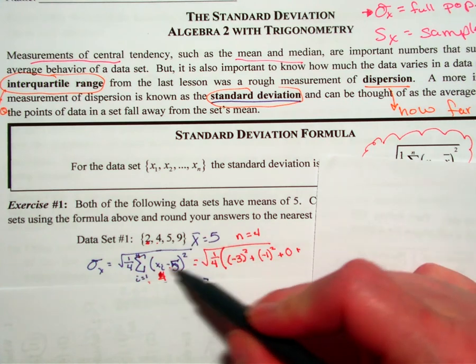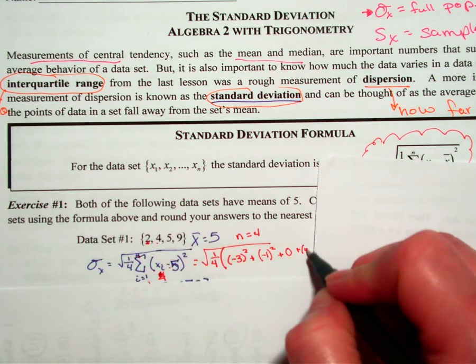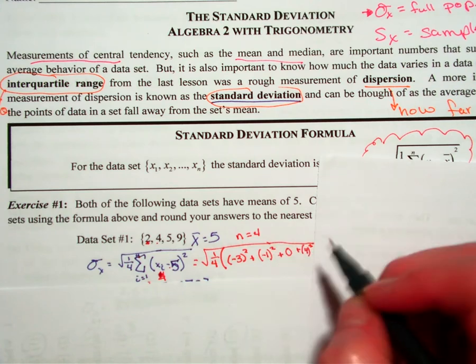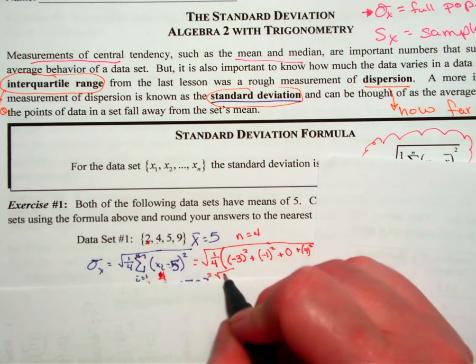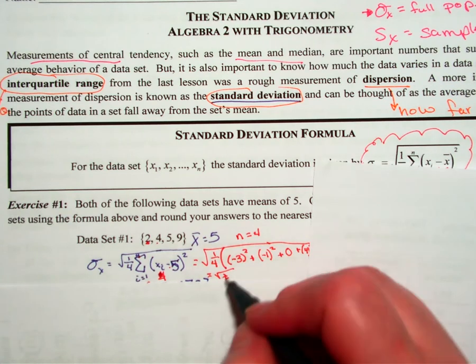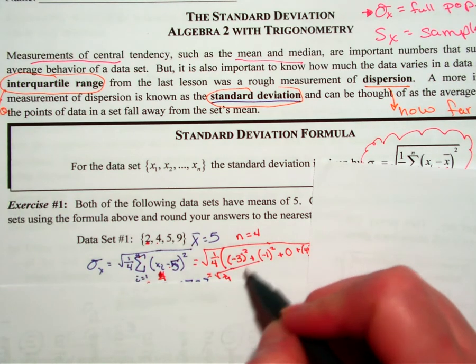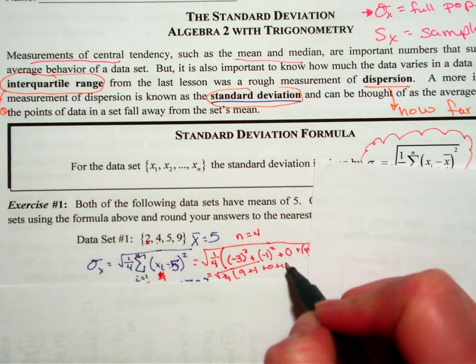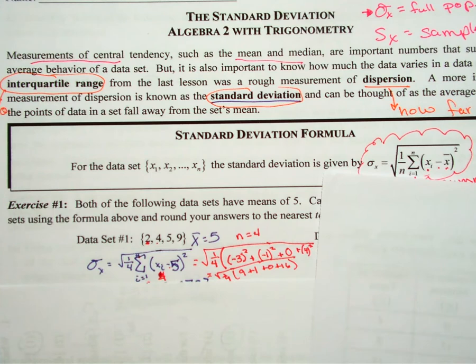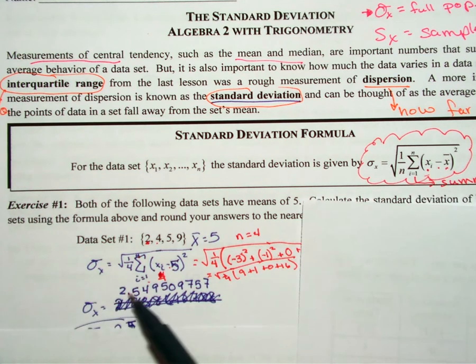And then my 9. So 9 minus 5 would give me a 4 squared. So I got to add those values up before I do it times my 1/4. So 3 squared is 9 plus 1 plus 0 plus 16. Add them all up times 1/4. Take the square root of it, and you would get 2.54. You'd get that decimal right there.